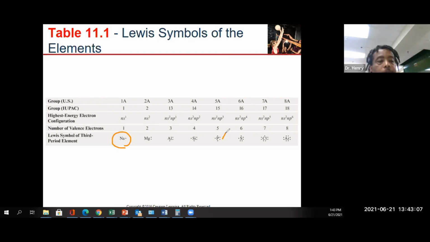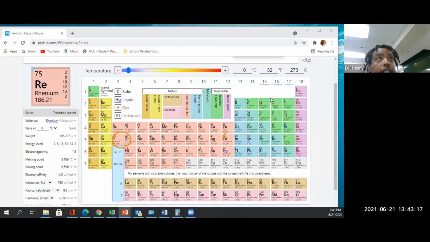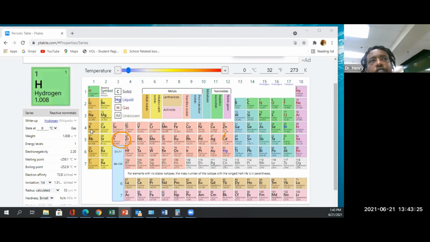So we go to the periodic table. If we're looking at just the main groups, that's 1, 2, 13, 14, 15, 16, 17, 18. All those in group 1 are always going to have just a dot, representing the electron that they can use. Those in group 2 are going to have 2 dots.